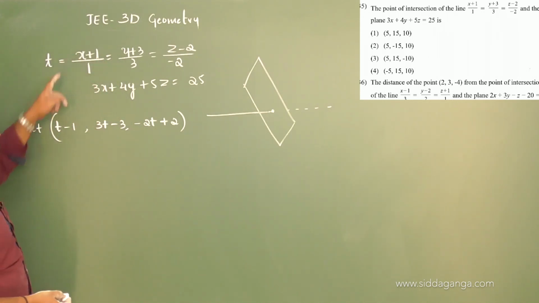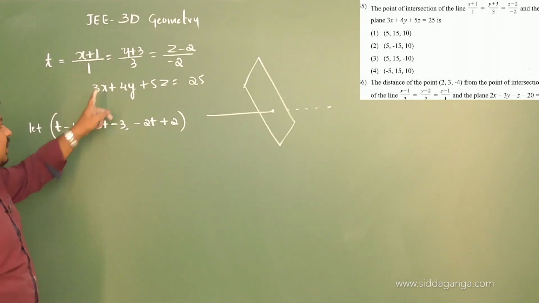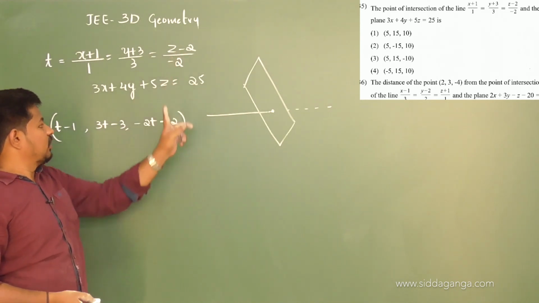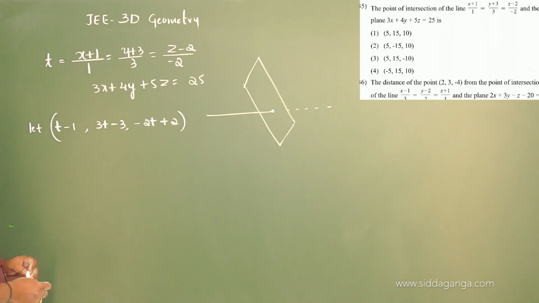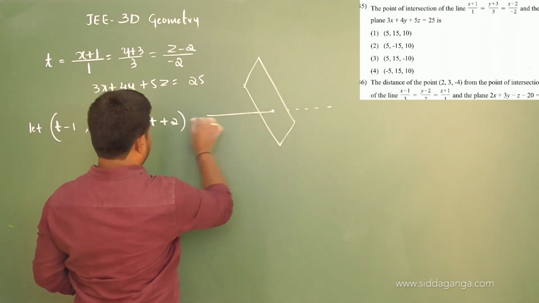In place of x, t minus 1, so 1 plus 1 minus 1 get cancelled, you get t. Again plus 3 minus 3 get cancelled, 3t by 3 is t, minus 2 plus 2 get cancelled, minus 2t by minus 2 is t. Now assume this is the required point, your point of intersection.